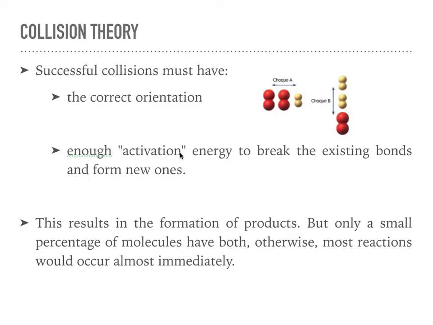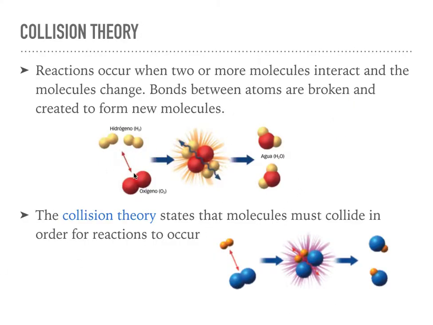And also they have to collide with enough energy to break the bonds. If they come very slowly, nothing is going to break. So they have to have a lot of energy. They have to move faster than the normal way. Again, for this to happen, we need two factors.